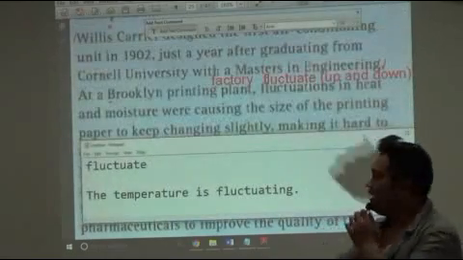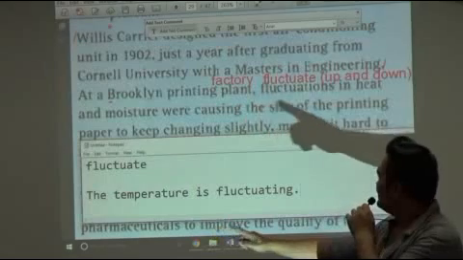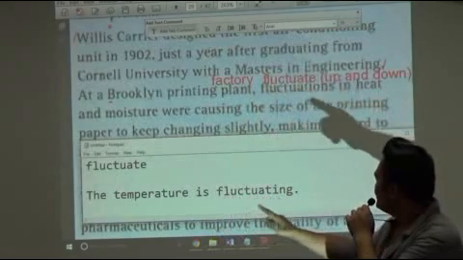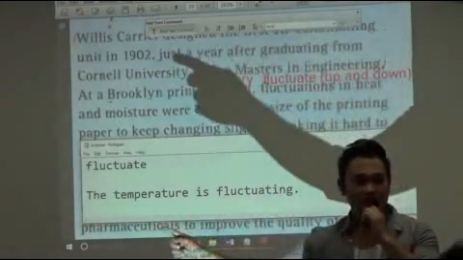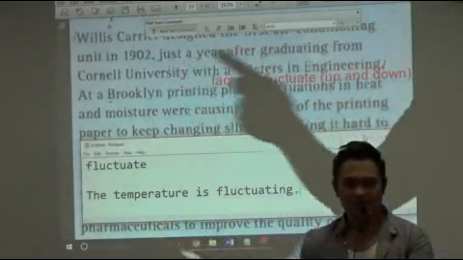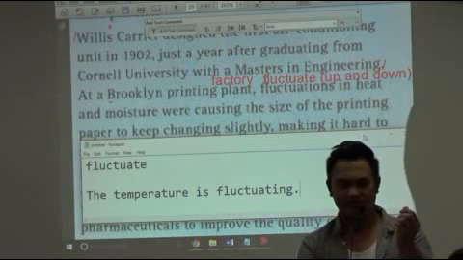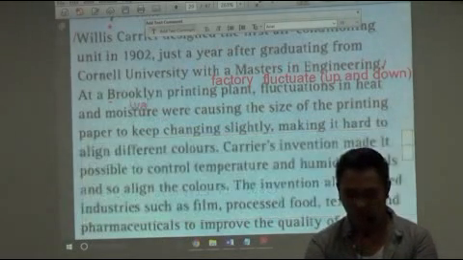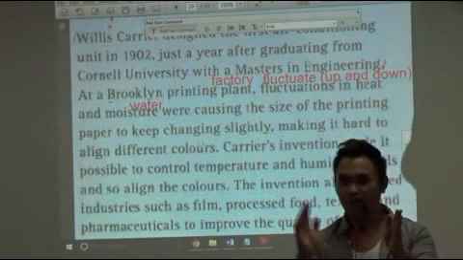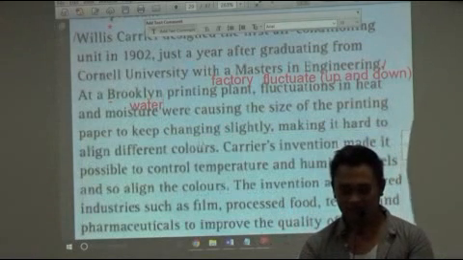So we have, at the Brooklyn printing plant, fluctuations. What is fluctuating? Heat and moisture. Everybody say moisture. I think everybody knows moisture, right? It is water. Moisture in IELTS is always about the water. Moisture, water. Okay?